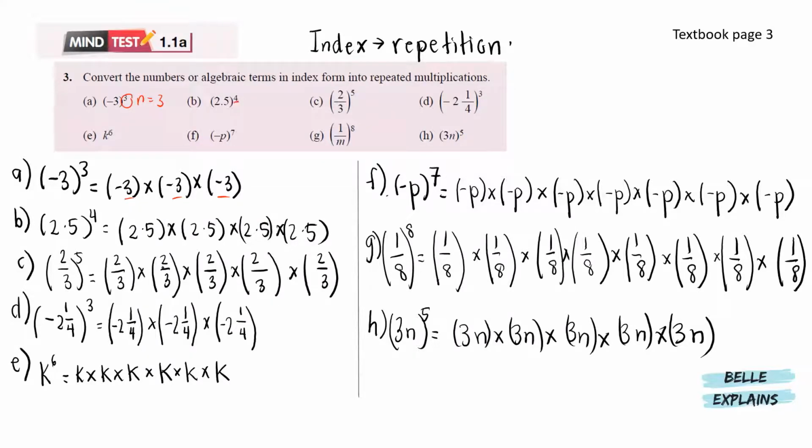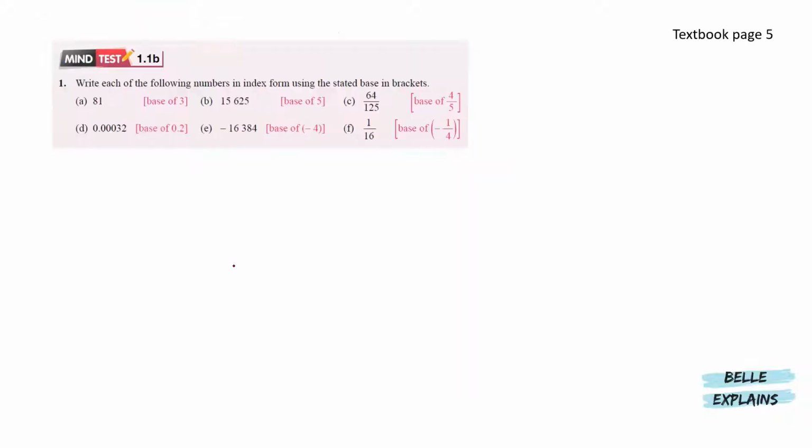So we'll have to times it 4 times. 1, 2, 3, 4. For c, we have 5, index of 5, which means we'll have to times it 5 times. And that is how you do it for the rest.